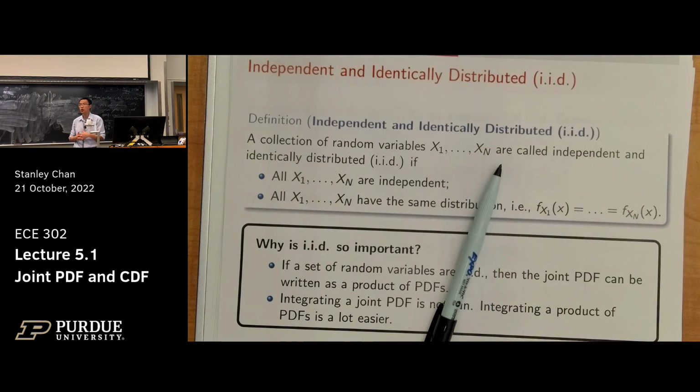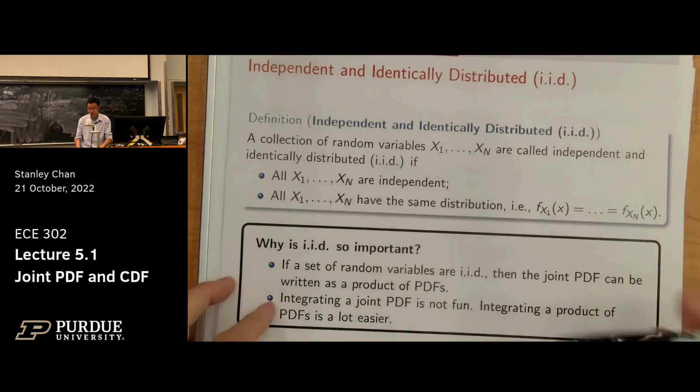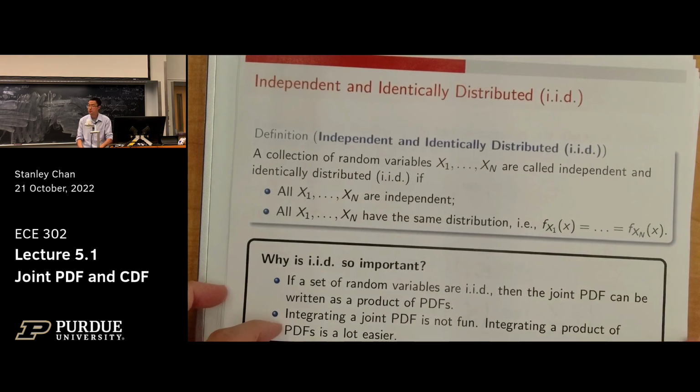Typical examples would be noise. I have a measurement that I take over time. They are all IID because they are all Gaussian distributed over time. One noise sample at this time instant will have no influence on the next noise sample in time, so they are independent and identically distributed. I say that they are IID. That term will come back later on, but I just want to mention this terminology so that when you see it, you won't feel surprised.